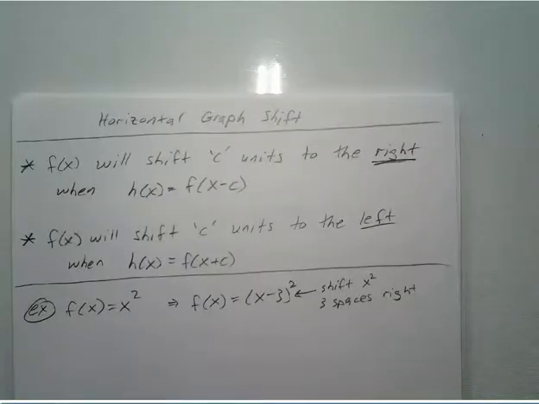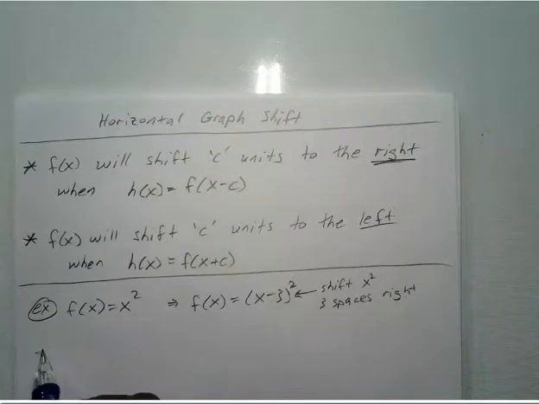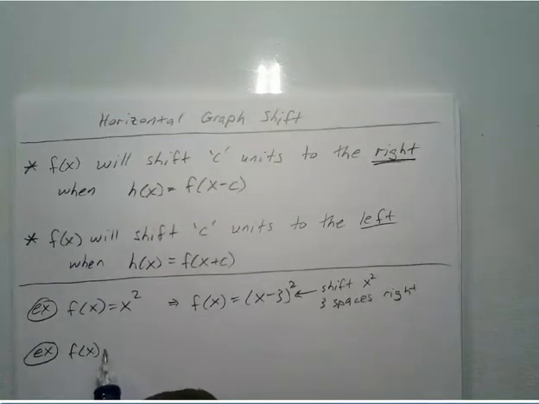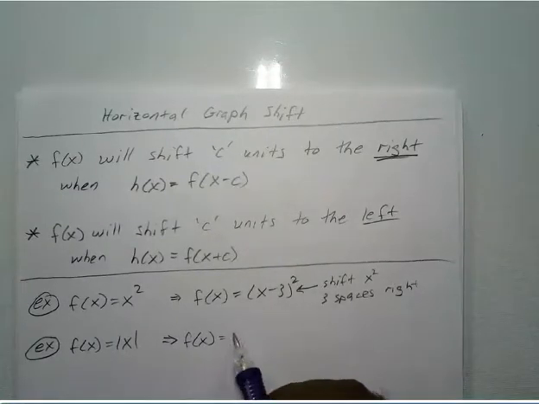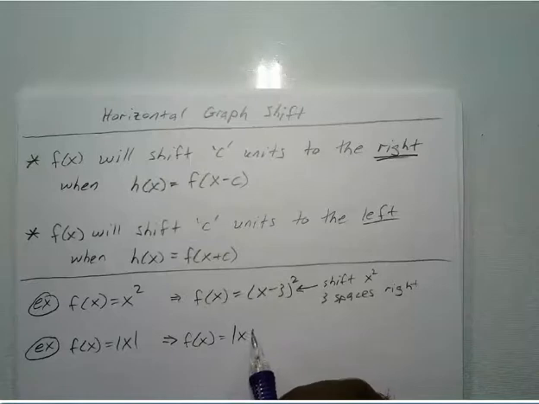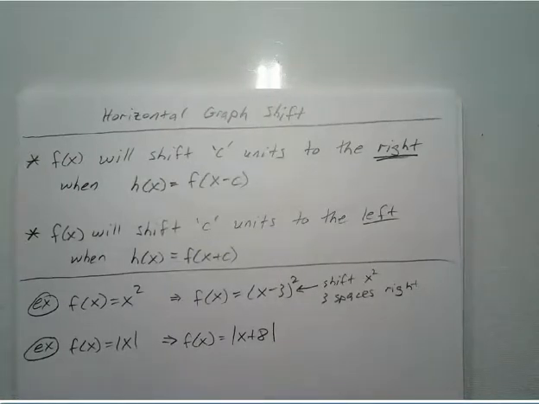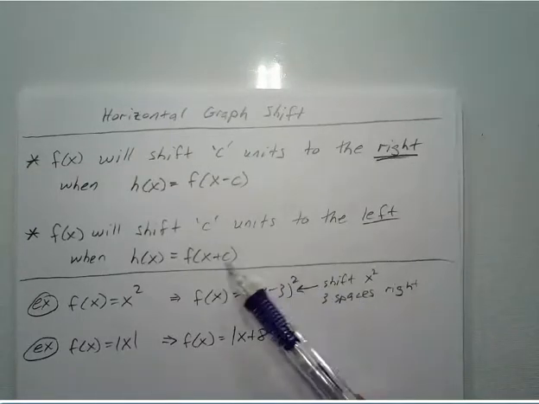All right, so let me give another quick example. Let's say if we have f of x equals absolute value of x, but instead we have f of x equals absolute value of x plus 8. Now this one would shift absolute value of x 8 spaces left because that's plus c.